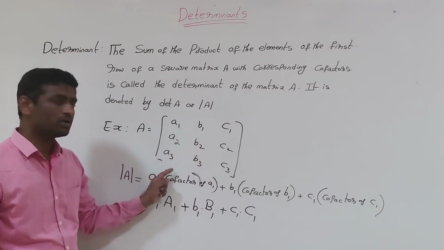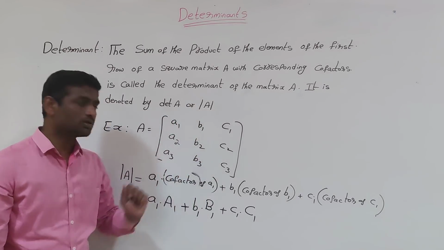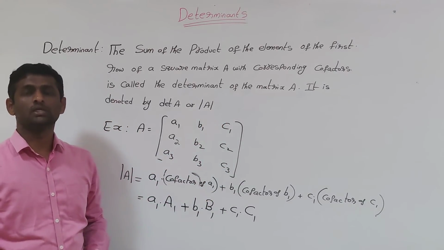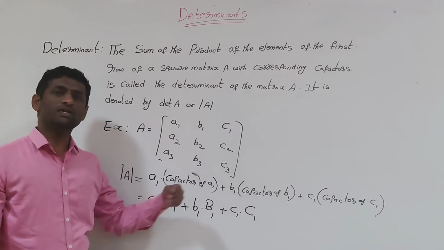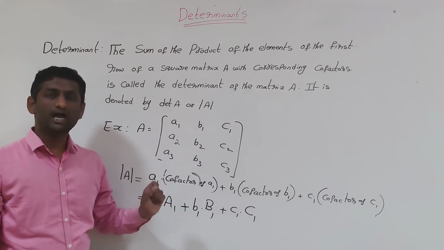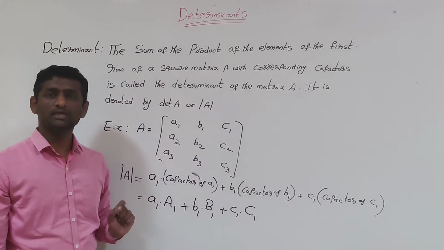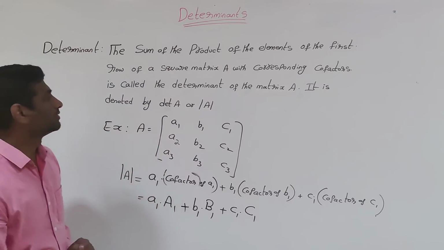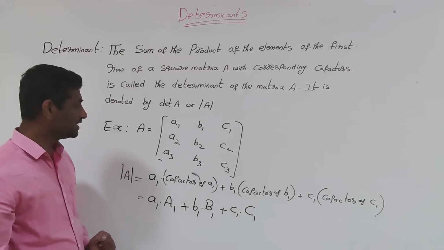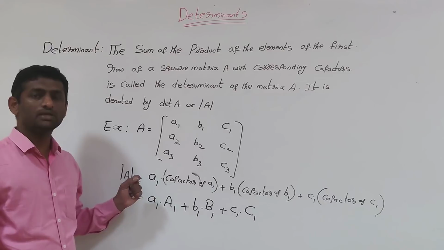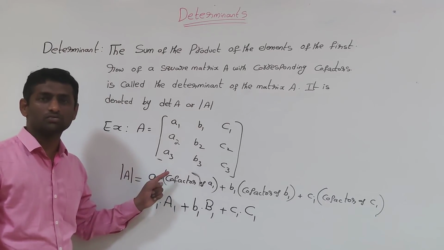Similarly, with the first, second or third column with cofactors. If you do it in any one row or column, the value of the determinant of the square matrix will be the same. Now we will see the definition of the determinant by using the second row.